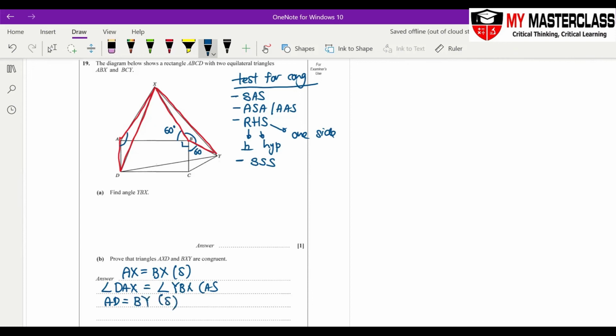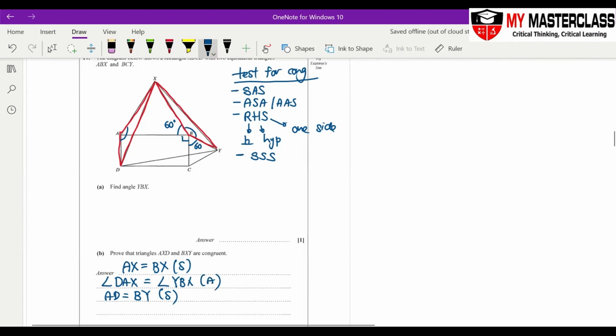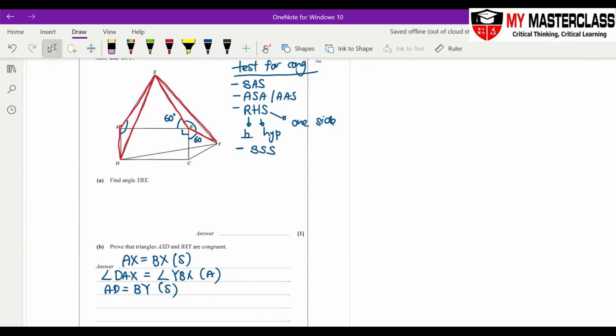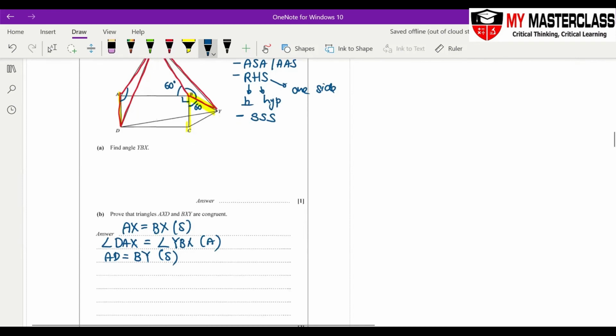Now, if you use any angle property, you must explain the angle property. In this case, it's self-explanatory because this side and this side are the same, and this side and this side are the same. So it's okay. Then at the end, you write, what is the test that I use? SAS.